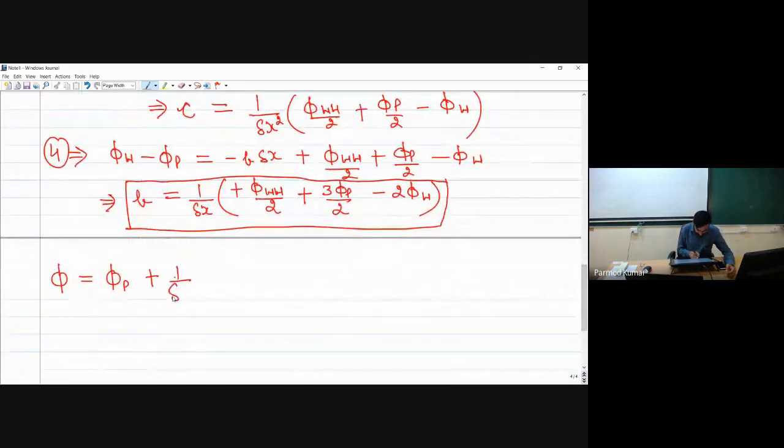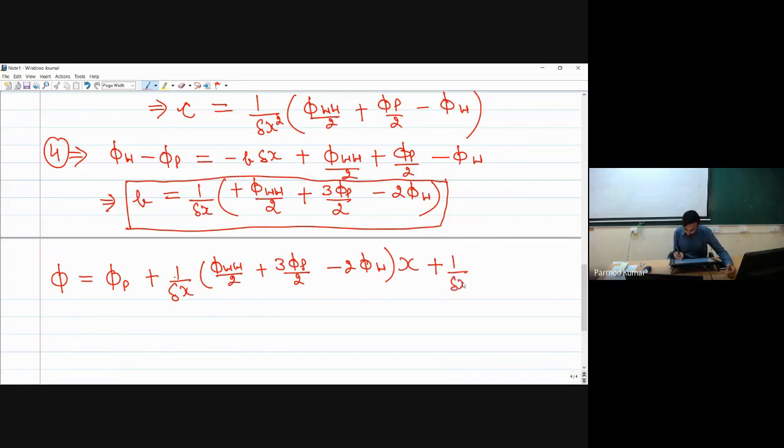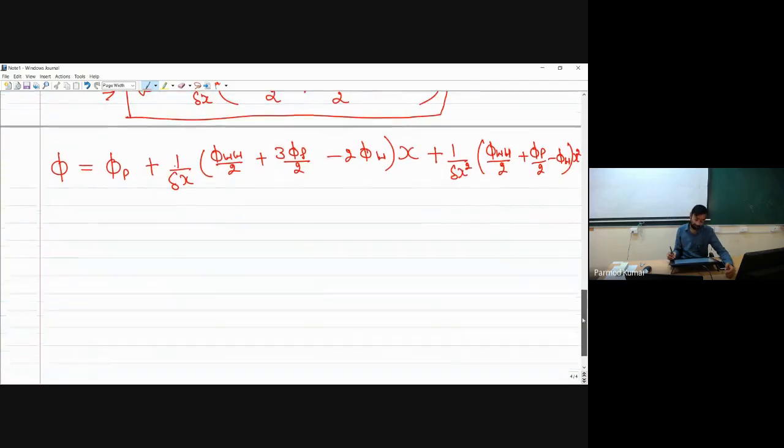B is 1 by delta x times phi WW divided by 2 plus 3 phi P divided by 2 minus 2 phi W, into x. Okay. Plus C times x square. What is the expression of C? The expression of C is 1 divided by delta x square into phi WW divided by 2 plus phi P divided by 2 minus phi W, into x square. Okay. So this is now my expression for phi.